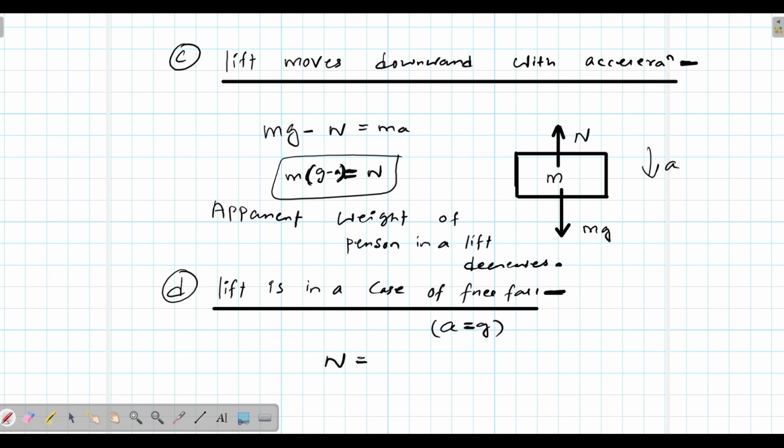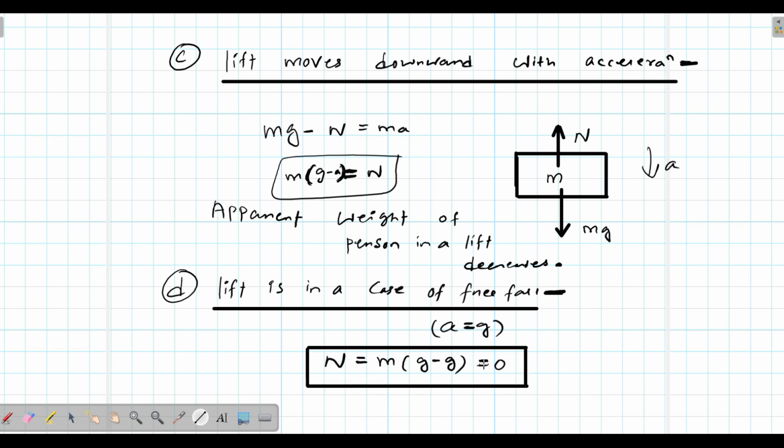If A equals g, N equals m into g minus g, so that equals 0. As apparent weight of person in a lift is 0, the lift is in a case of free fall. So these are the conditions related to motion in a lift.